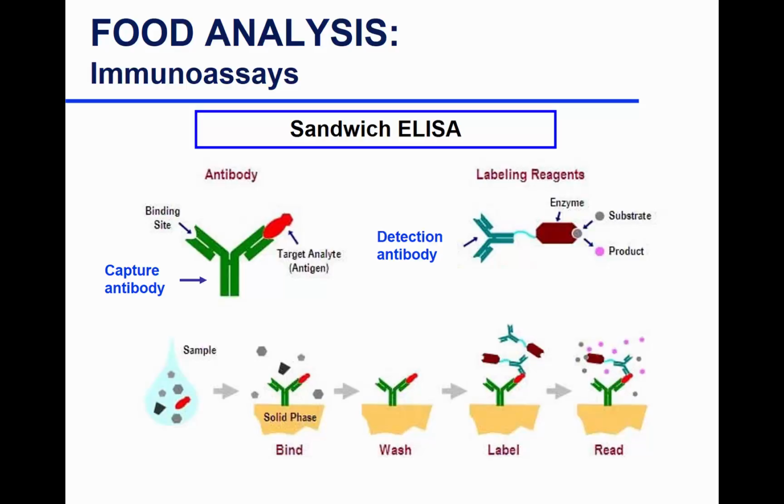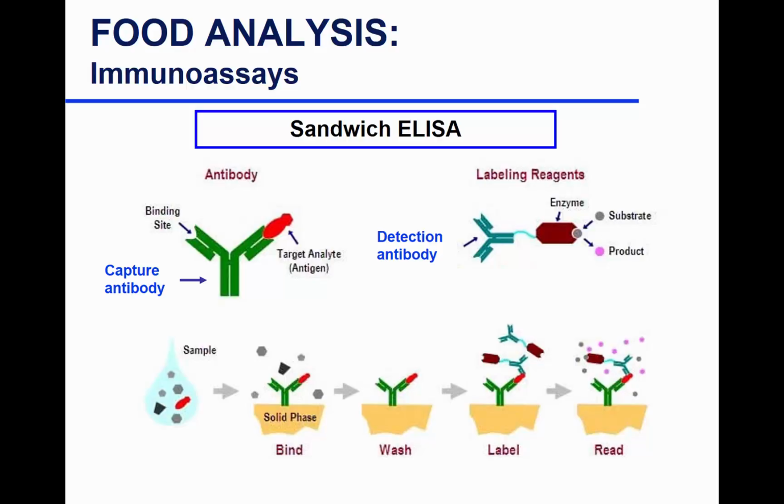And then because it's a sandwich ELISA, here's where monoclonal antibodies come in handy. If you're running sandwich ELISA, you might start with antibodies sourced from a serum. And then if you want to make sure that you label an antibody commercially, there's monoclonal labeled antibodies that you can purchase.